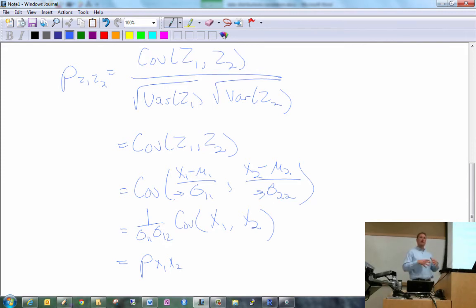That's why that's going to be important for us later on. But for now, you just need to understand this aspect here. The correlation matrix will always be the same whether you're working with unstandardized or standardized data.